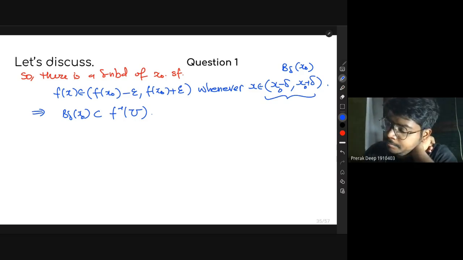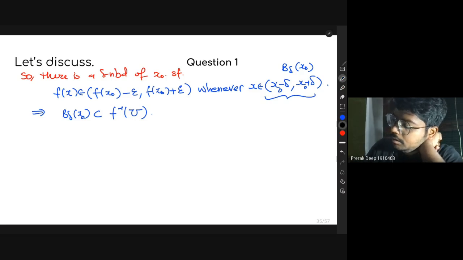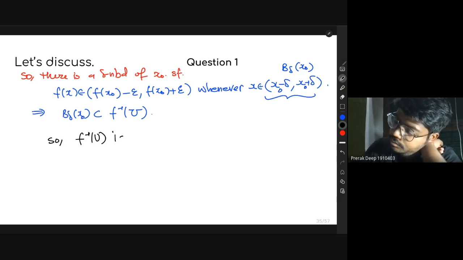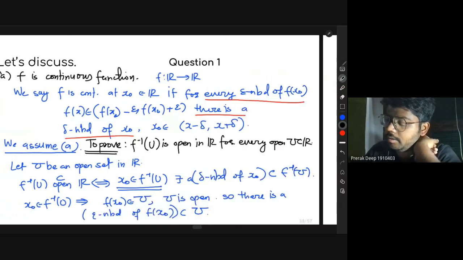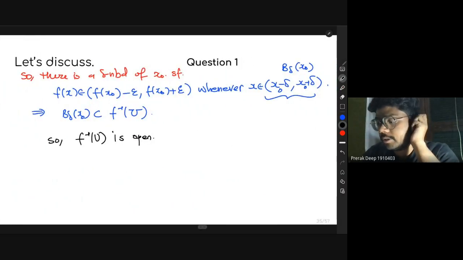So f inverse of u is open. Why? Because I started with an arbitrary x naught and I found a delta neighborhood of x naught contained inside f inverse of u, which is the definition of the openness of a set.